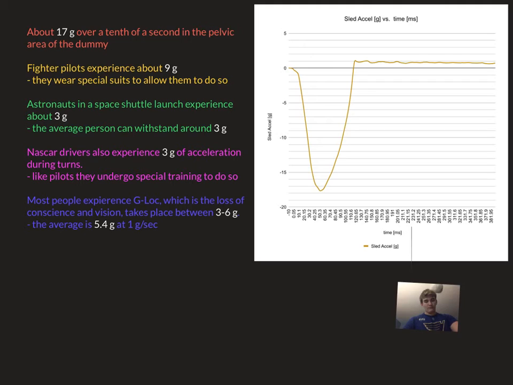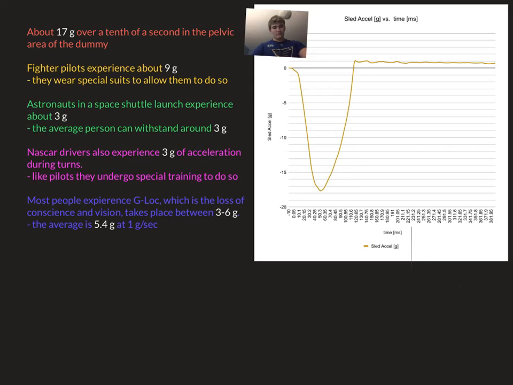Now, there's usually a period of time between that and your complete loss of consciousness in which you are still aware. So someone going through G-lock will first notice their vision getting dim. They will then lose their vision, and then they will become unconscious.